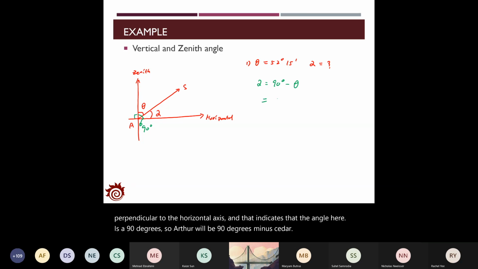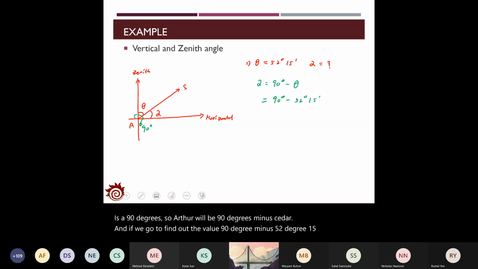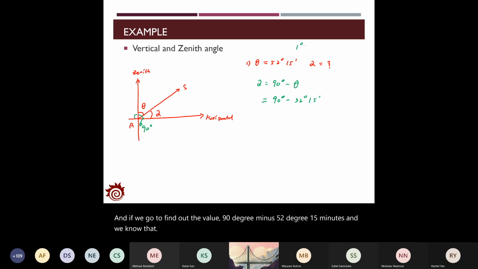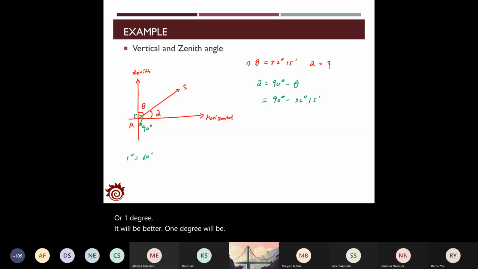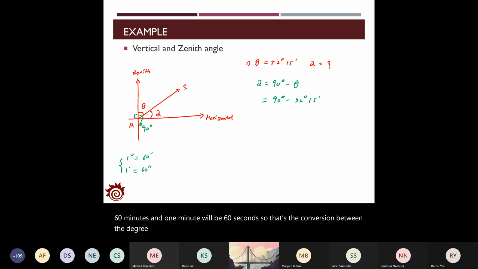If we find the value of 90 degrees minus 52 degrees 15 minutes, we need to know that 1 degree is 60 minutes, and 1 minute is 60 seconds. That's the conversion between degrees, minutes, and seconds for angles.